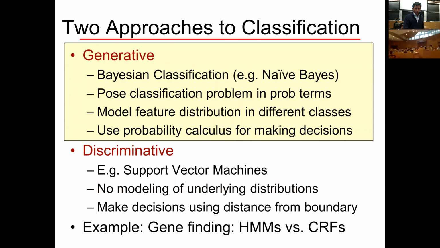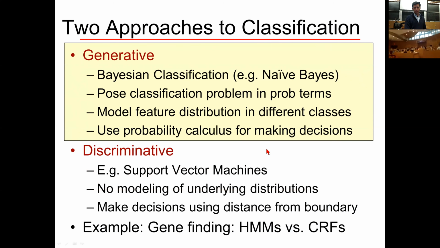So again, there are two approaches to classification. You can have generative classification, where you build a model of the world with some features and some distribution of those features in a class-conditional fashion. And then you can generate data from your model, or you can ask what is the most likely set of parameters that could have generated the data that I'm observing.